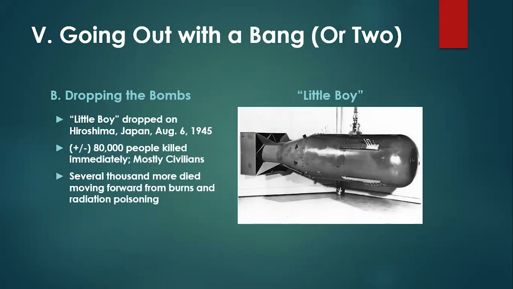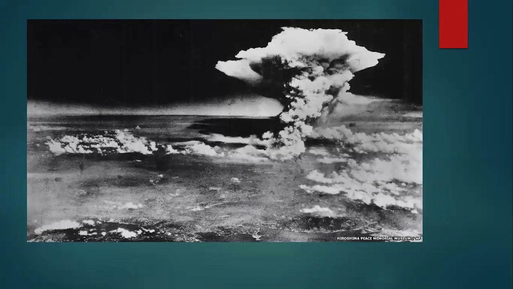This hunk of metal killed about 80,000 people instantly, majority of whom were civilians. Several thousand more would die moving forward from burns and radiation poisoning. They're dropping this devastating bomb that took so many lives and completely annihilated the city of Hiroshima.